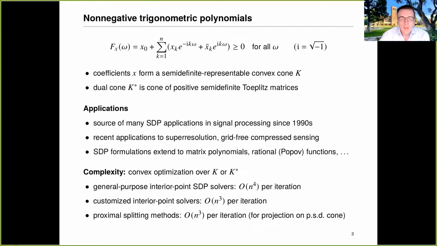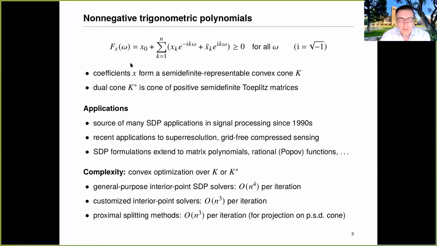A second class of problems that motivated the interest in semi-definite optimization in signal processing and systems and control leads to a very similar conclusion. So many of those applications were motivated by the semi-definite representations of sets of non-negative polynomials or trigonometric polynomials or matrix polynomials.